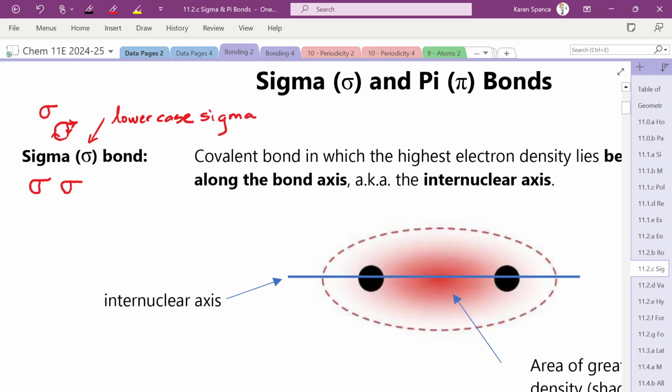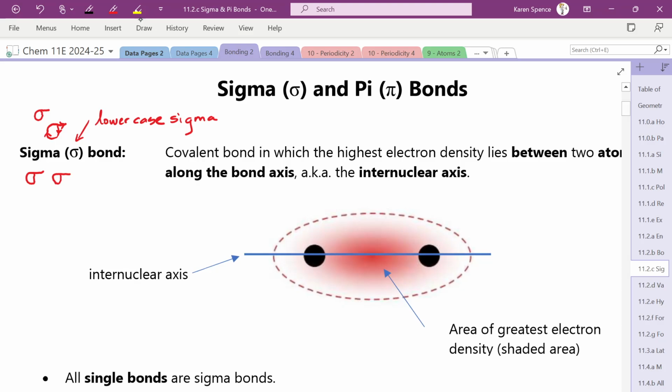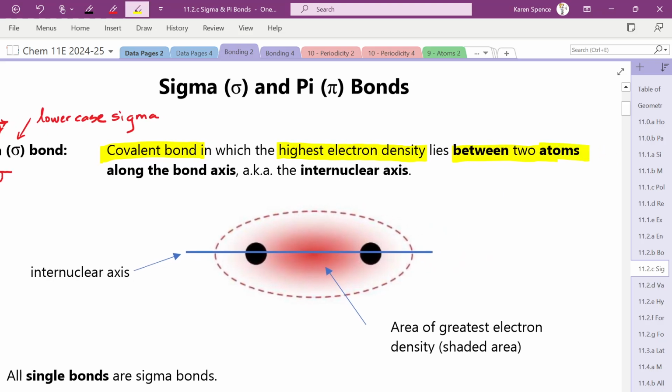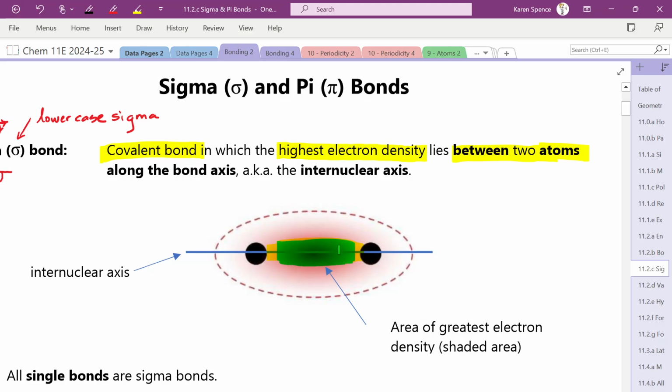So a sigma bond is a covalent bond in which the highest electron density is between the 2 atoms. Where is that? Here.